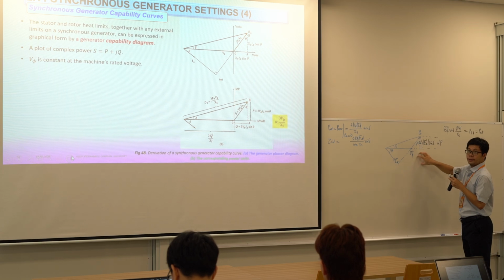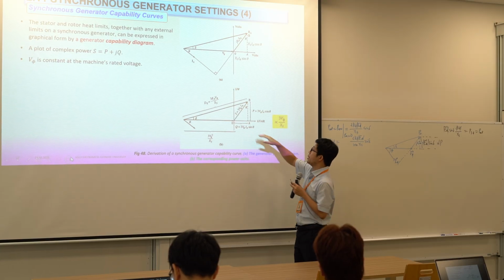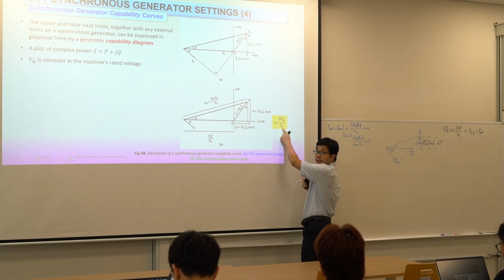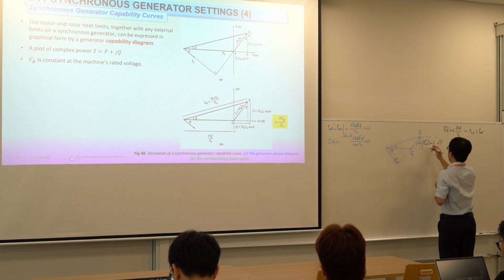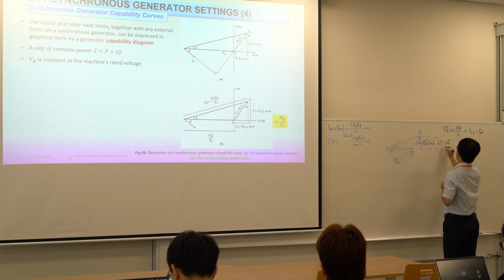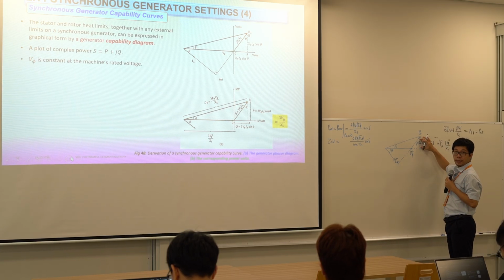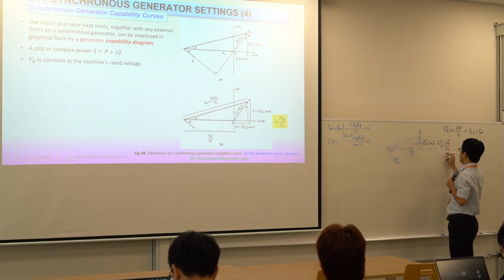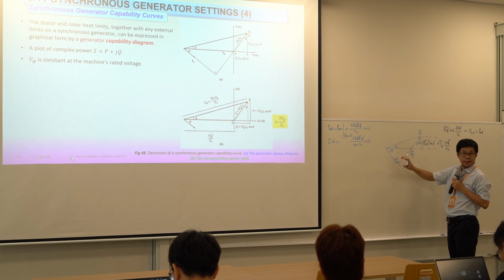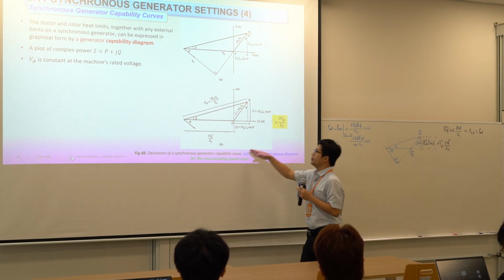These phases become P and Q because we multiply this segment by 3V phase over XS. But if we only consider this segment, that's not enough. We need to multiply by 3V phase over XS for all vectors here. Right? So now we have the new one.